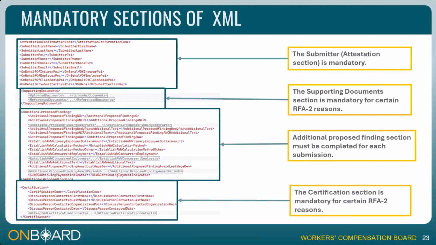There are certain mandatory sections within the XML which you will need to fill, else the transaction will be rejected, like the attestation section, the additional proposed finding section, which is shown third on the slide.